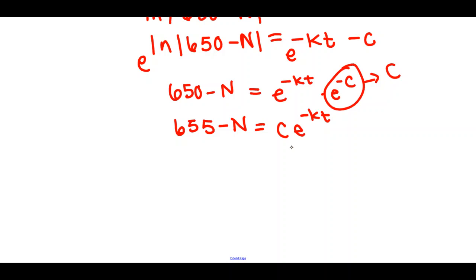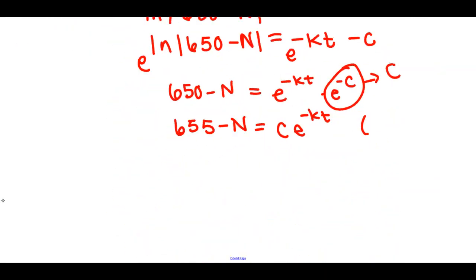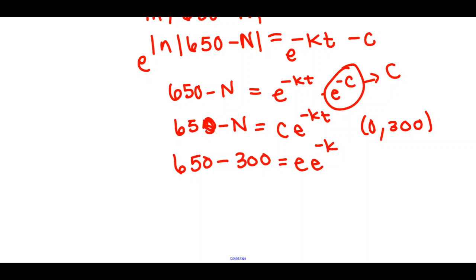Now we're going to use our initial condition where it said for t equals 0, N equals 300. This is so we can find out what c is. So 650 minus N, which is 300, equals c e to the negative k times 0. K times 0 goes away, and e to the 0 is 1, so that's gone.